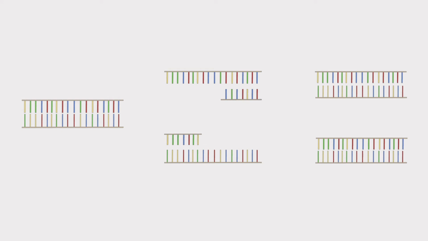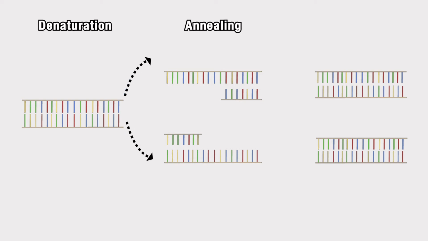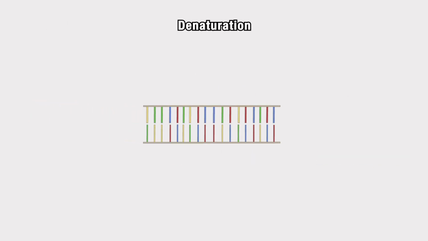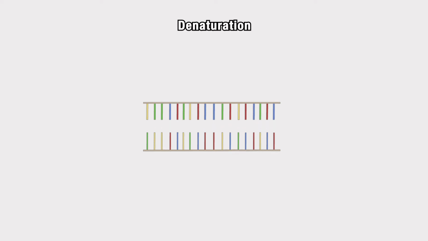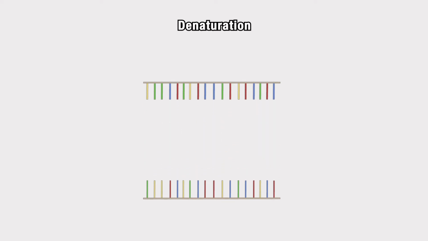PCR is a lab technique used to amplify and detect segments of DNA. This process involves 3 main steps: denaturation, annealing, and extension. In the denaturation step, the hydrogen bonds that hold the 2 strands of DNA together are broken, which separates them into 2 single-stranded DNA molecules.